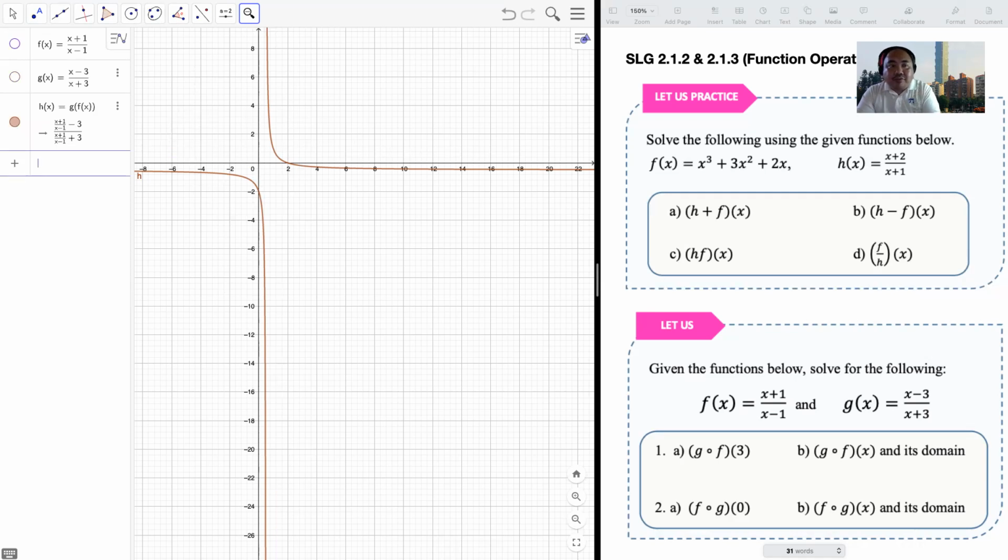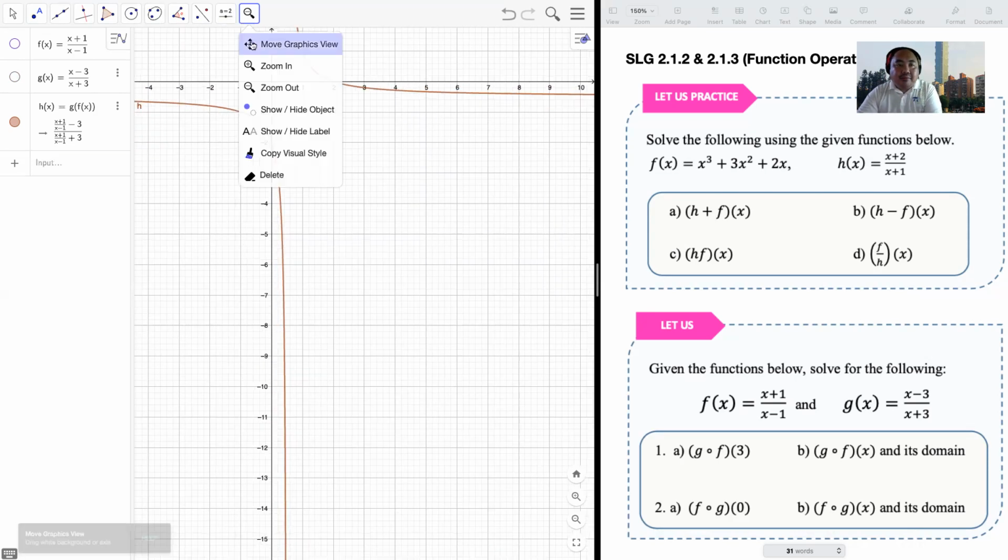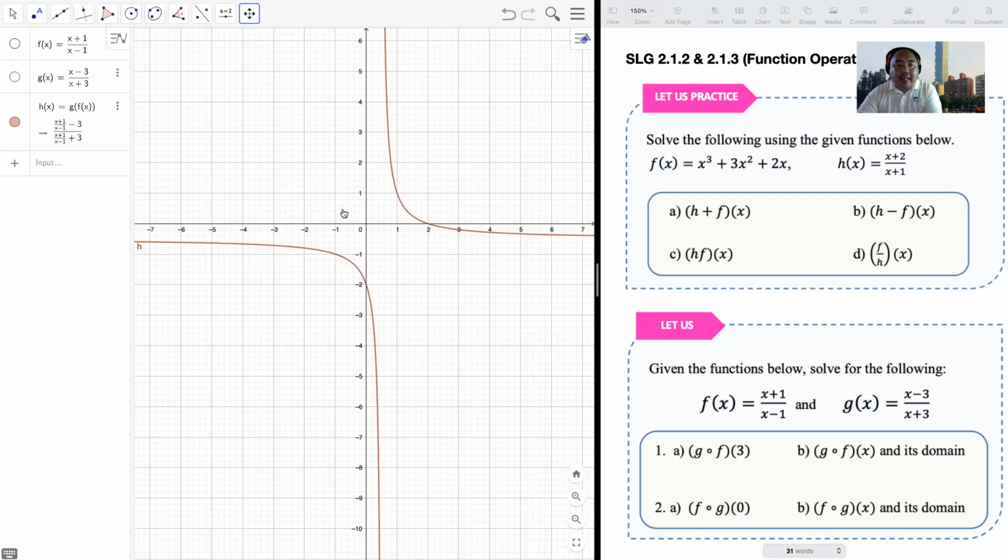That will have to be left to you to do as an exercise on paper and pencil. However, what it is able to show us neatly is the graph of the composite function g of f of x. And more than that, you are more inclined to check what is g circle f of 3. So what is g of f of 3?